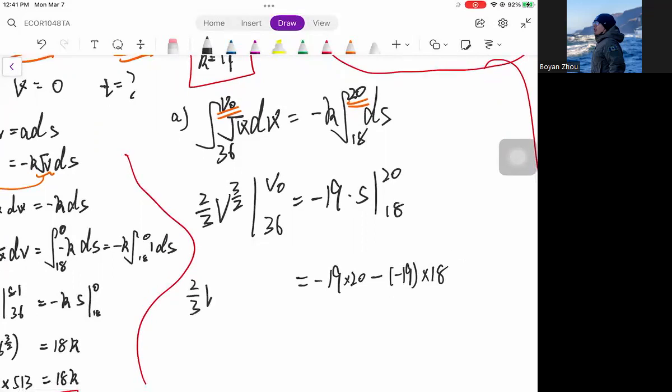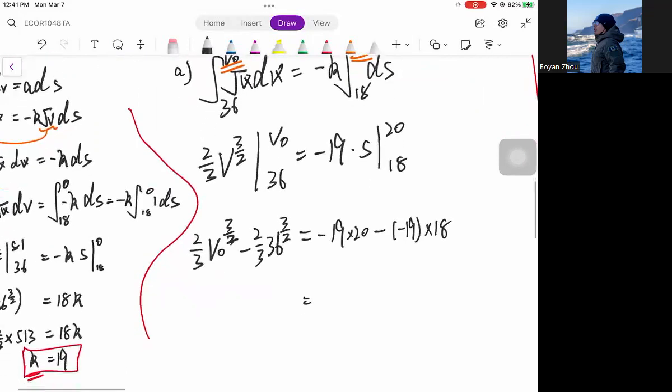And on the left hand side, we put in V naught to the power of 3 over 2 minus 2 over 3 times 36 to the power of 3 over 2. So the right hand side is going to be negative 38 times 3 over 2. And the left hand side is going to be V naught to the power of 3 over 2 minus 36 to the power of 3 over 2.